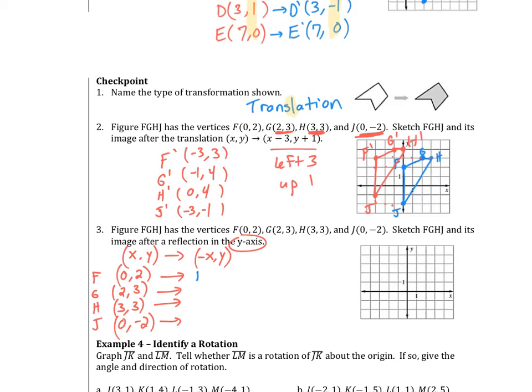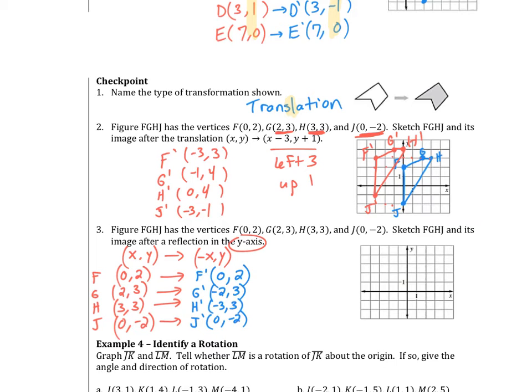So now F prime is going to be still at 0, 2 because the opposite of 0 is still 0. G prime is going to be negative 2, 3. H prime is going to be negative 3, 3. And J prime is going to be 0, negative 2. So you flip the x's for this one and not the y's.